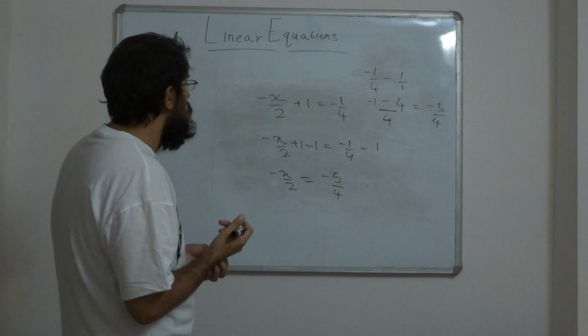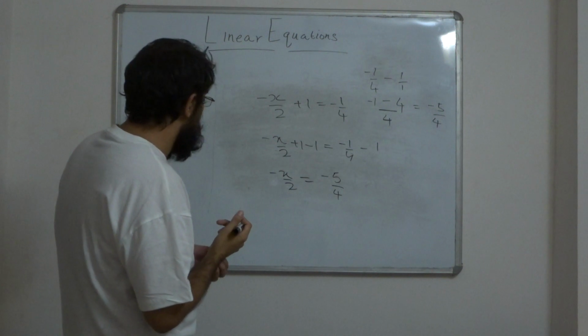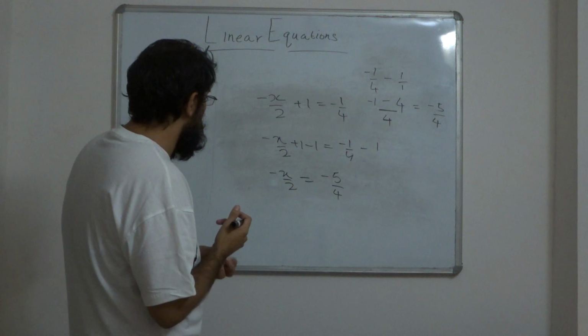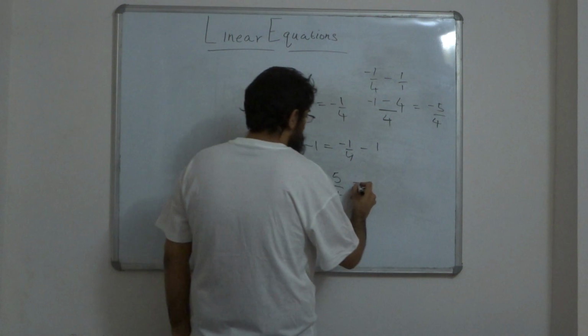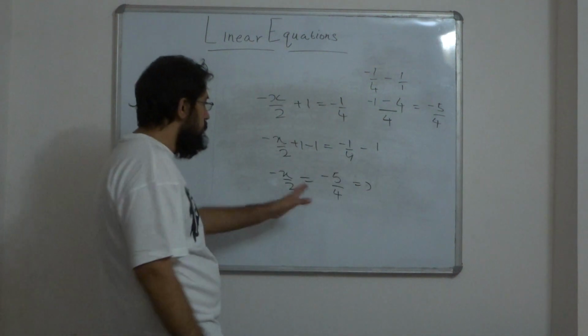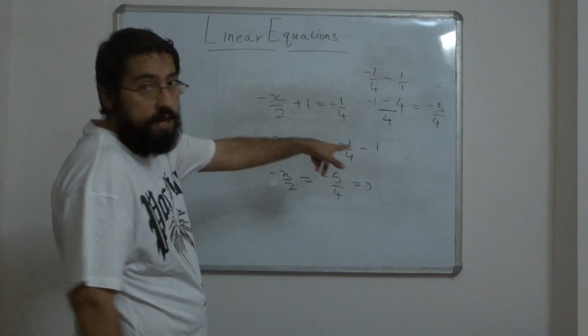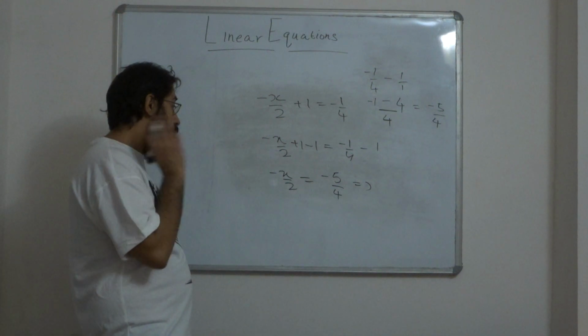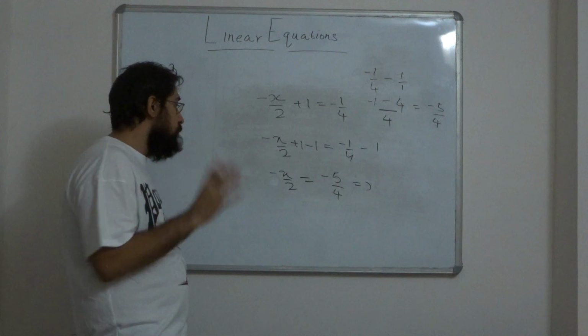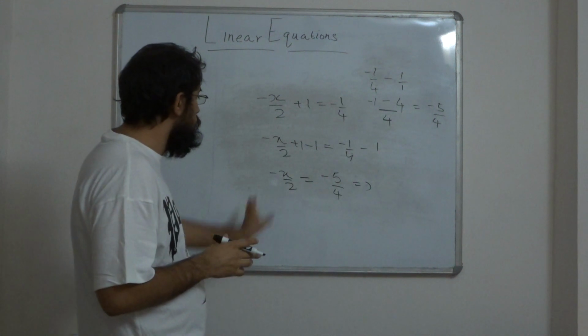So now that you've got negative 5 upon 4, what do you do now? There are two ways you could do this.